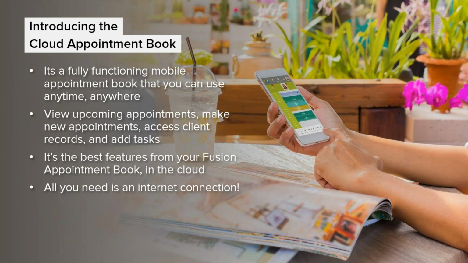So it's essentially an online version of your traditional appointment book. And you do have the ability to give your staff permission to either have all of the functionality or just some of the functionality. For example, if you want to give them permission to look at their own appointments, to make changes to their own appointments, but nobody else's, you can set those permissions.